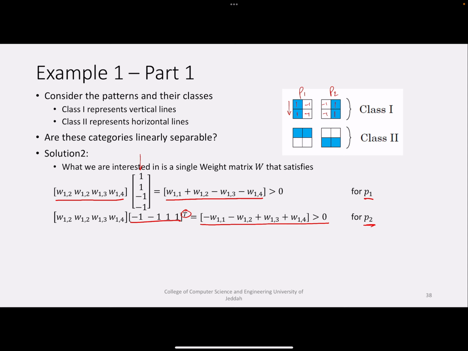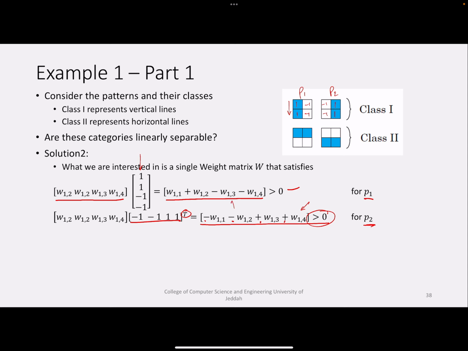Now look closely. We have W11 plus W12 minus W13 minus W14 being greater than 0, and then we have the signs effectively reversed on each of the weights in the second equation. We have minus, minus, plus, plus signs over here, and that should also be greater than 0. That's not possible.